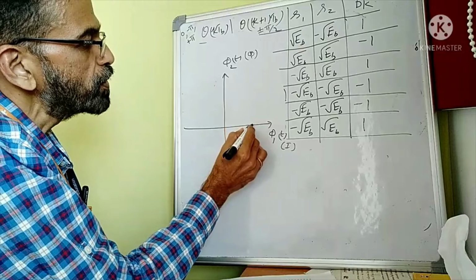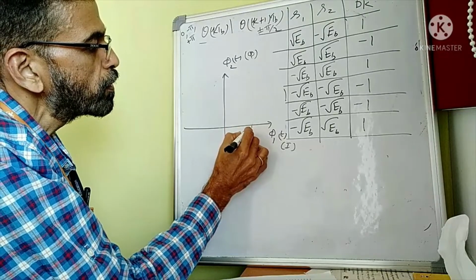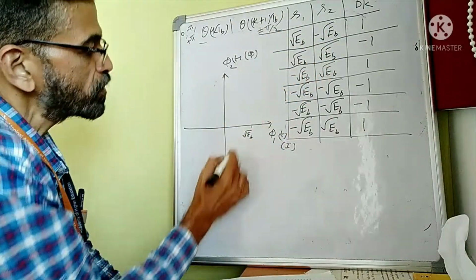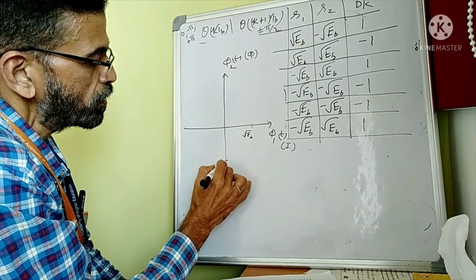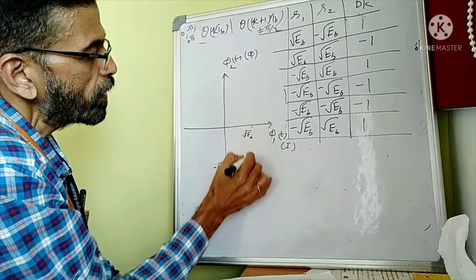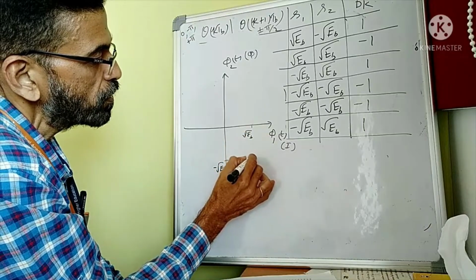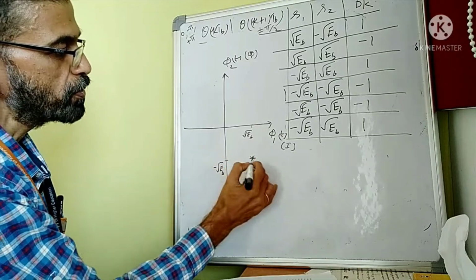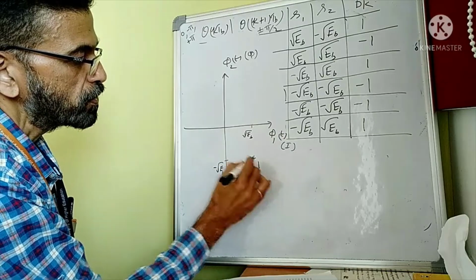So root EB, minus root EB, and that point represents bit 1. So bk is equal to 1.